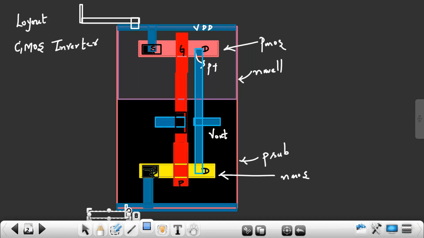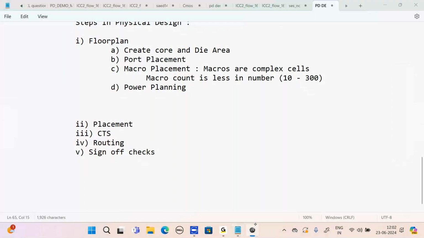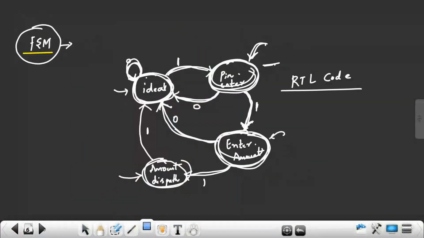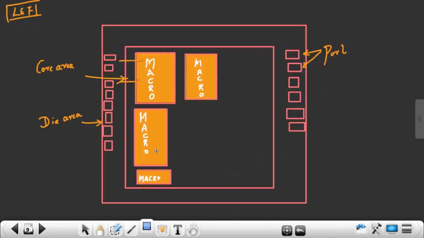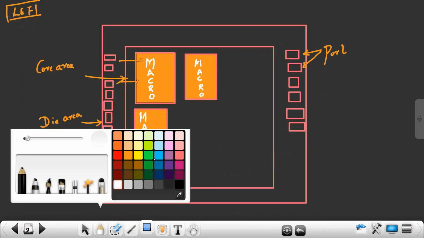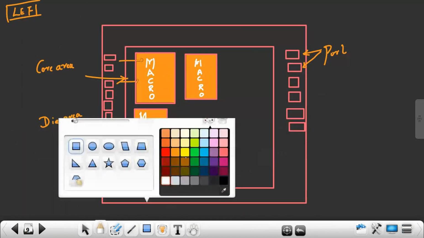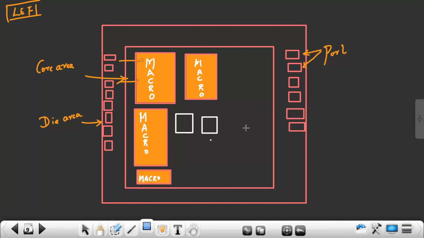So to distribute all these VDD and VSS connections to all the standard cells which I'm going to place in my design, here I'm going to place all the standard cells, and each standard cell requires VDD and VSS connection.